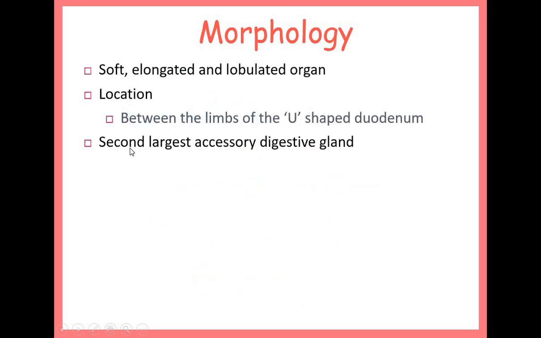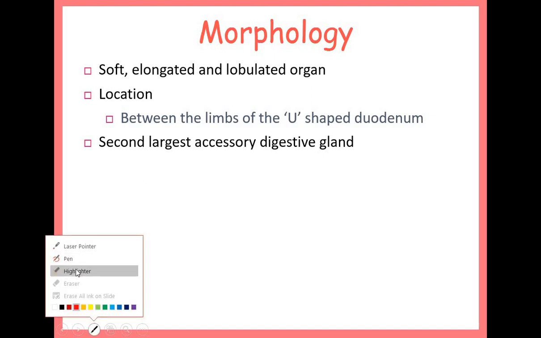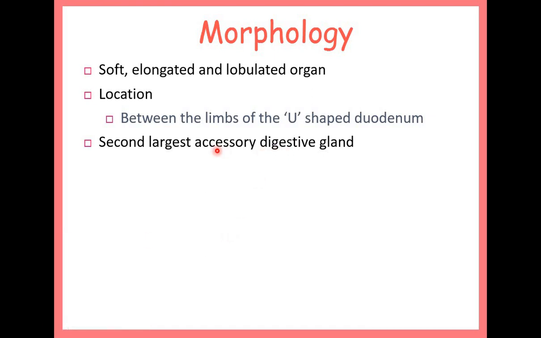It is very important to note here that it is an accessory digestive gland. What do we mean by this? Accessory digestive structure refers to the structures which are present in the digestive system, but then food never comes into contact of these digestive organs.